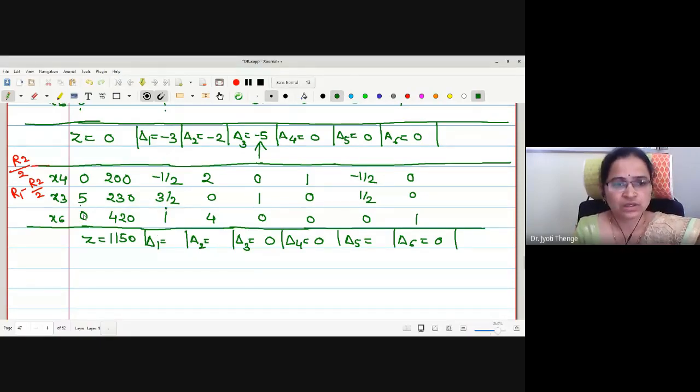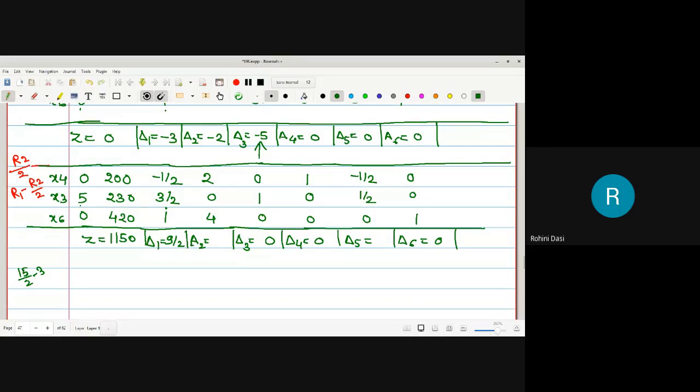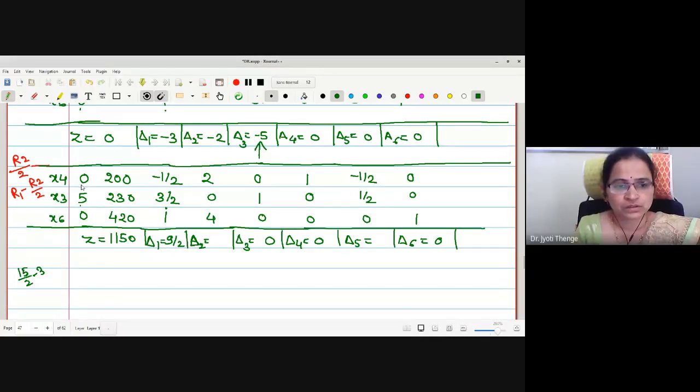C1 takes the value 3. So 5 into 3 by 2 minus 3 is 15 by 2 minus 3. 15 minus 6 is 9, so 9 by 2. Correct?